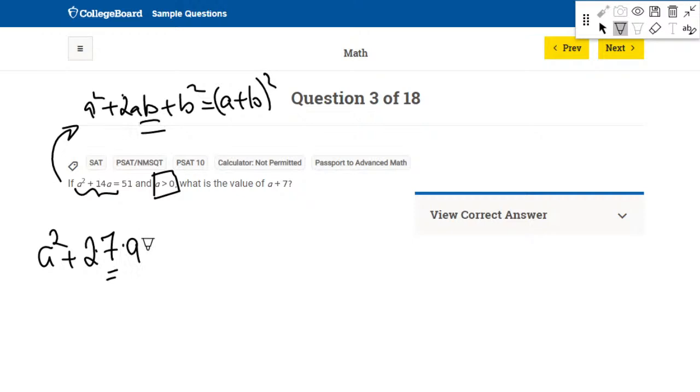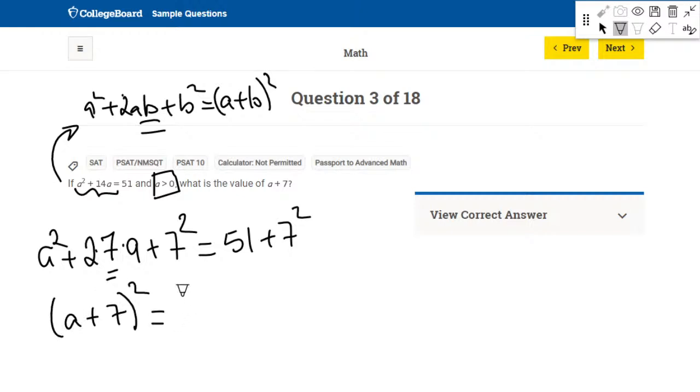So I add 7 squared here, but I also should add 7 squared on the other side. So what I get here is a plus 7 squared equals 51 plus 49.